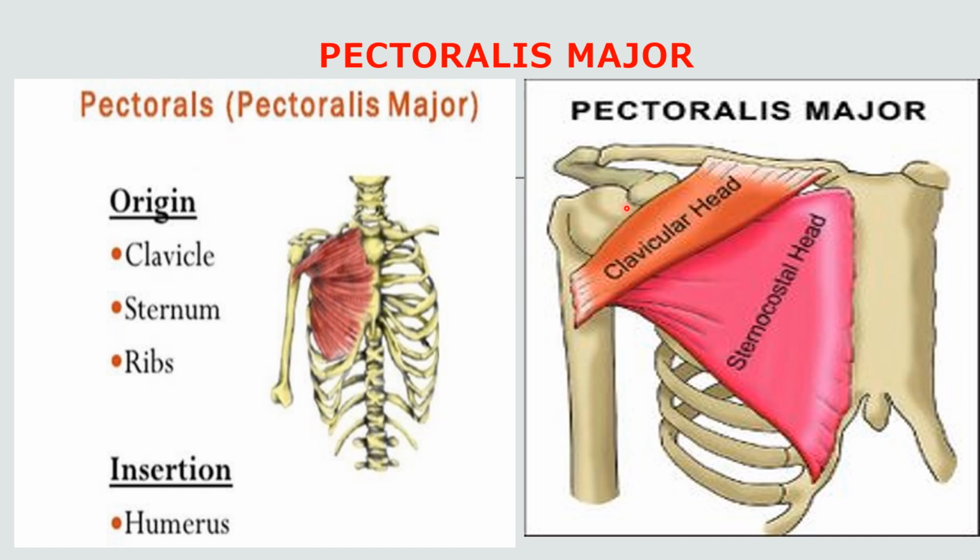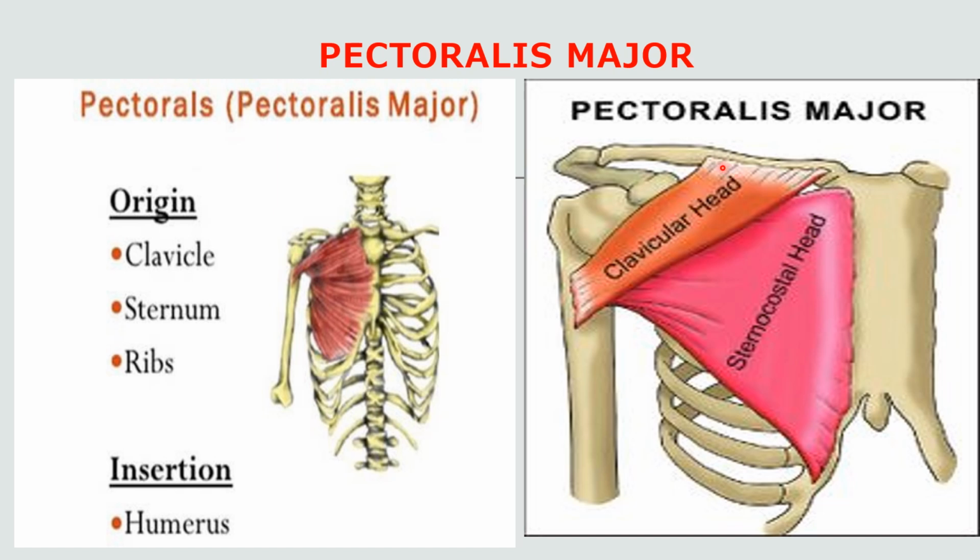So the upper border of the muscle is separated from the anterior border of the deltoid by the infraclavicular triangle, and the rounded and twisted lower border of the muscle forms the anterior fold of the axilla.